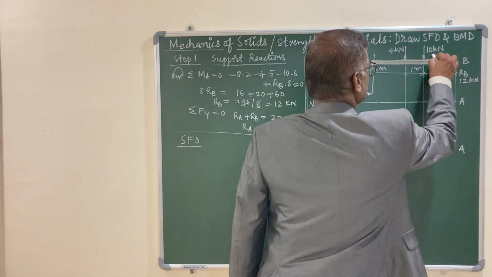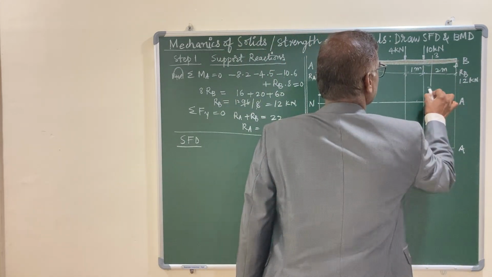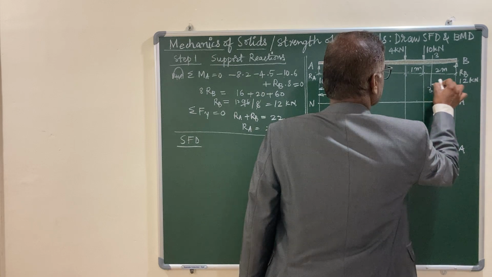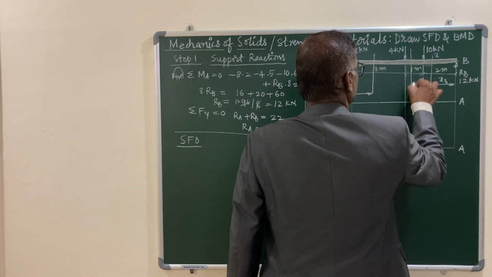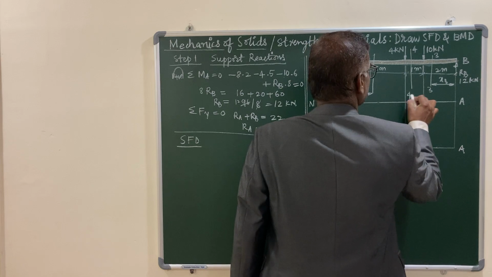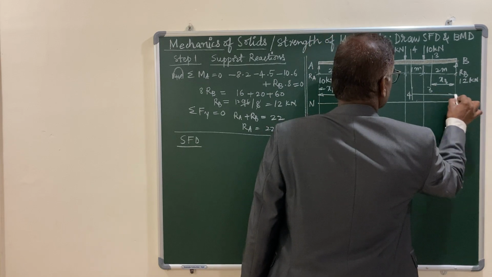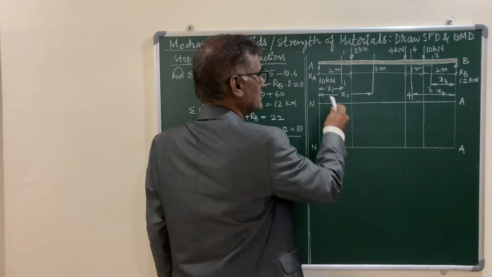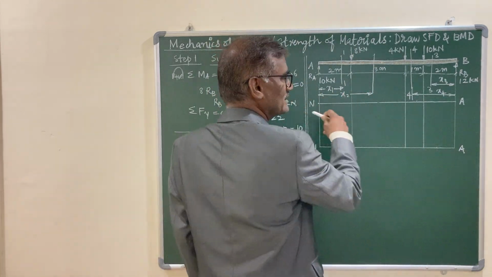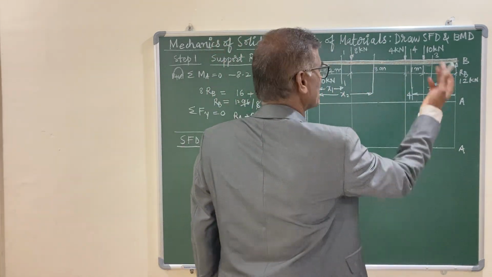Let me select section 3-3, it is from the right, this is x3, and lastly 4-4, at a distance x4 from the right hand. I have taken x1 and x2 from the left hand, x3 and x4 from the right hand.